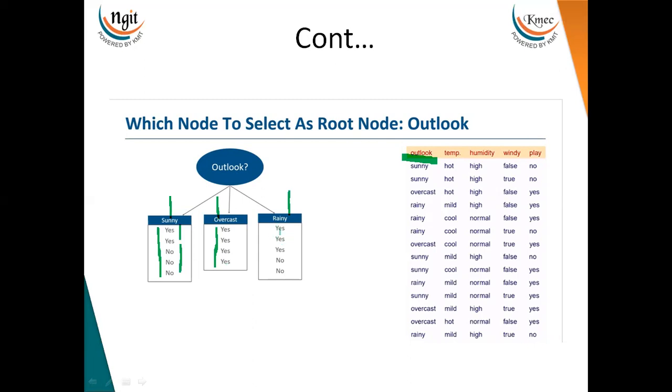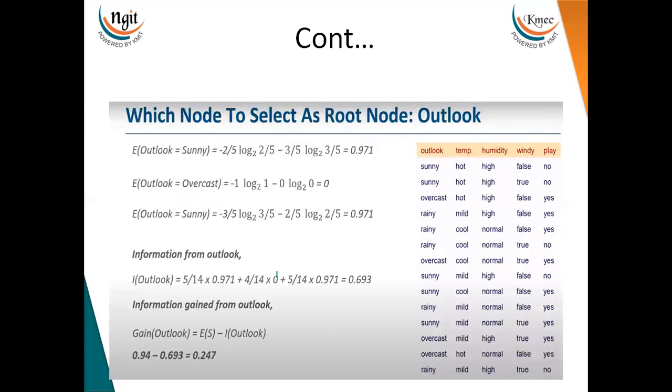Now for rainy, 5 rainy values are there, out of which 3 are yes, 2 are no. So rainy is exactly the opposite of sunny: 2, 3 here, while there 3, 2. So remember these values.